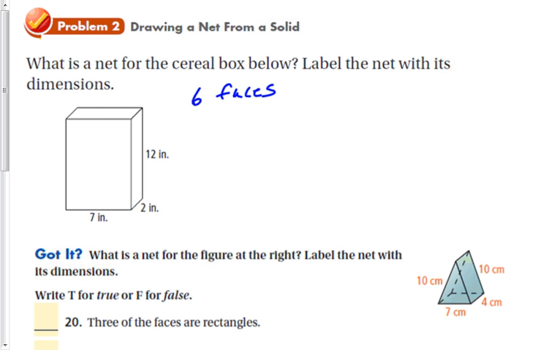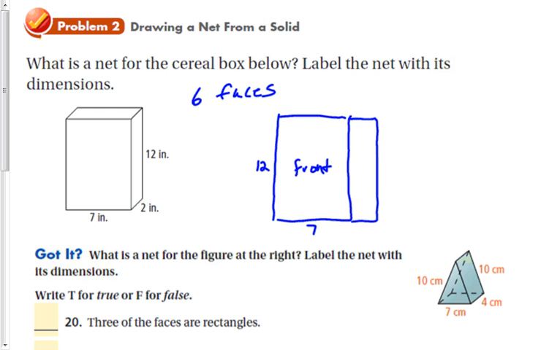So let's just start with the front. Let's represent the front here, and we'll label that. This is 7, and this is 12. So that's the front. We want to keep track of that. Now, attached to the front, and you can do this more than one way, but I'm going to do it this way, is the right side and the left side.